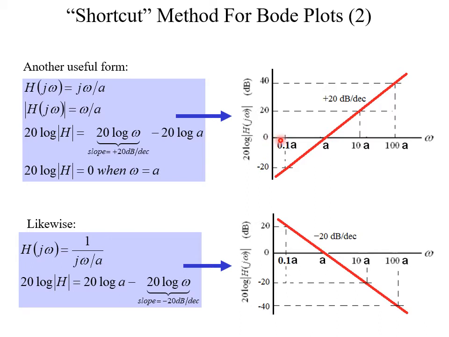It passes through 0 decibels at that frequency a, and it has a slope of positive 20 decibels per decade. Likewise, if we have a frequency response H of j omega that's 1 over j omega over a, then it's easy to show that the Bode plot looks just like this one, except the slope is a negative 20 decibels per decade. And again, it passes through the frequency axis at 0 decibels, at that frequency a.